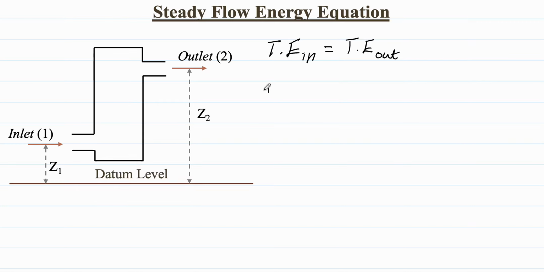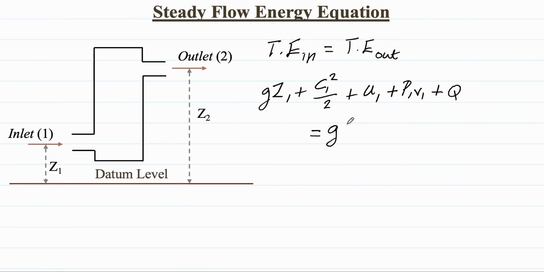So we can equate them both and we can have gZ1 plus C1 square by 2 plus U1 plus P1V1 plus Q is equal to gZ2 plus C2 square divided by 2 plus U2 plus P2V2 plus work done.